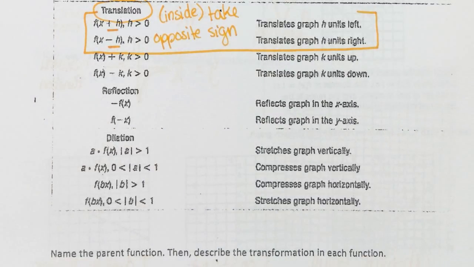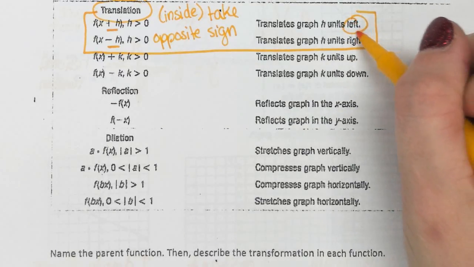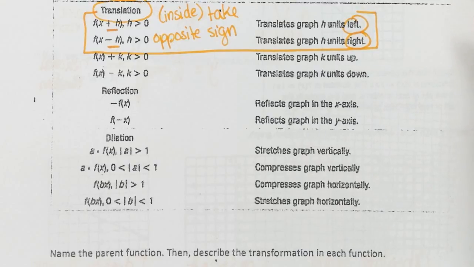It might help you to write these notes down. Alright, and if it's on the inside, we take the opposite sign, but which way do we move? Left and right. Very good. So if it's on the inside, you take the opposite sign, and you move left and right.